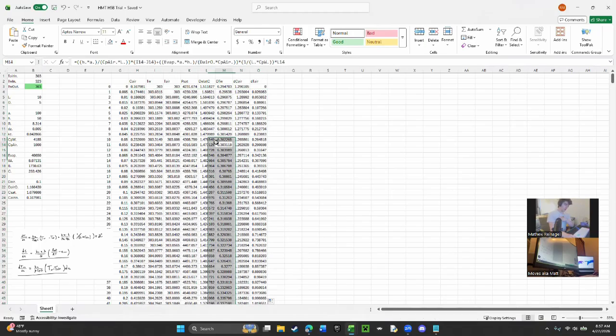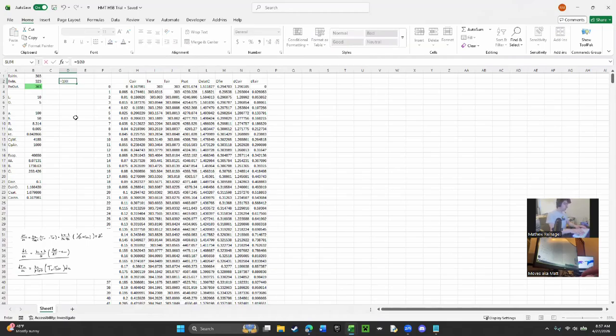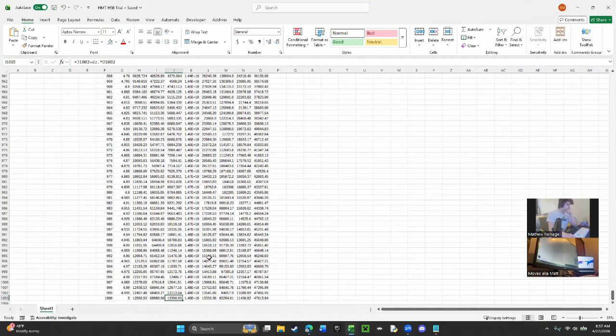Okay, so now we have some changes of temperature happening here, right? Something I'm going to do is very quickly look at the temperature of water. No, 1003. Okay, that looks right.